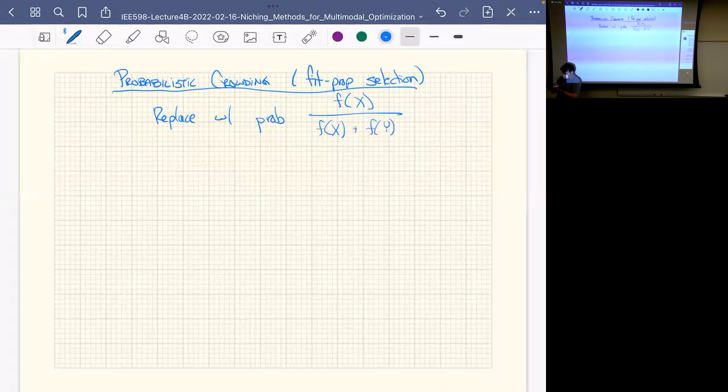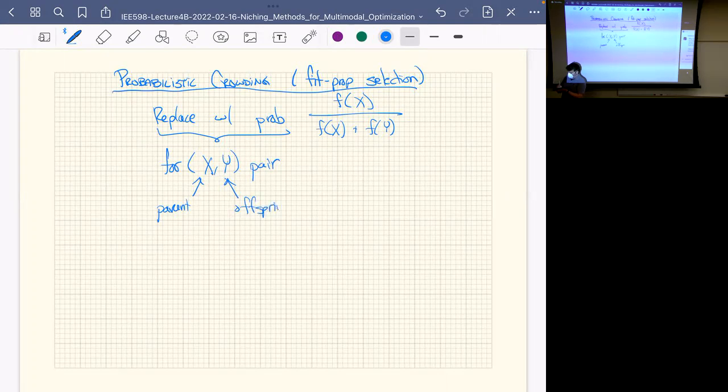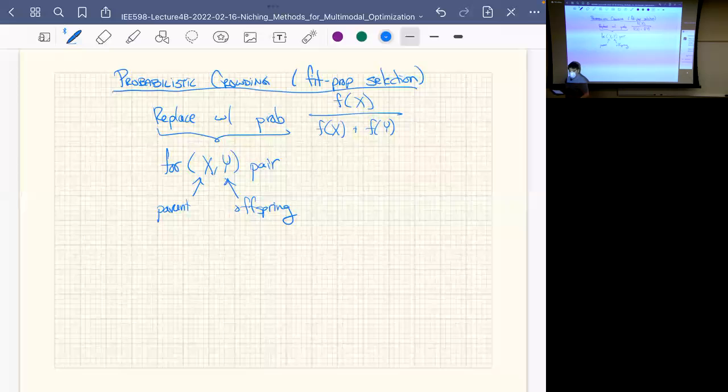So, we'll say for an XY pair, where this is a parent and this is offspring, you can do the same sort of thing where you pair them up, but instead of taking the absolute winner, you do probabilistic.